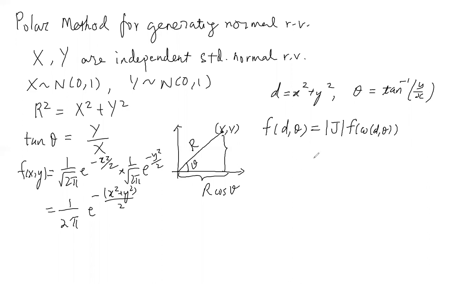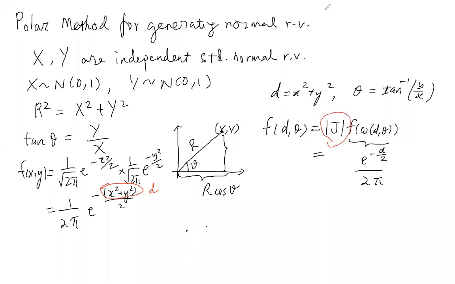Okay. So basically then this part here we already have something like this. So here, right? So this thing here is equal to your D, right? So that would give you e to the minus D over 2, over 2 pi. And all that remains is finding the Jacobian, right?